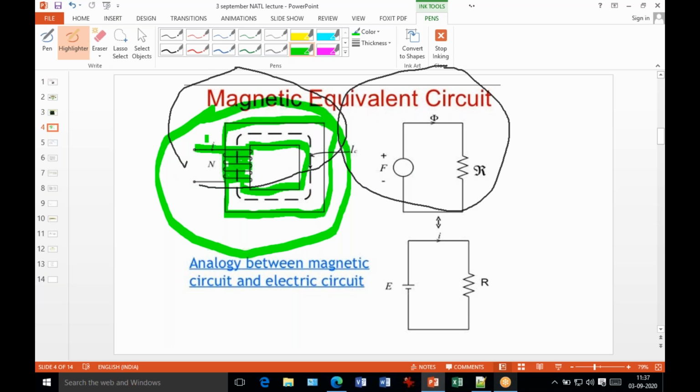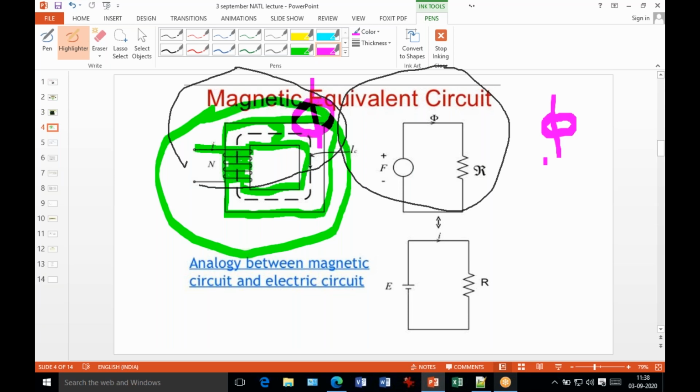Here, if you apply some voltage, automatically a current is developed in your magnetic circuit. And if a current is available in the circuit, then of course there is a very interesting feature: flux is generated in the circuit. How is the flux generated?